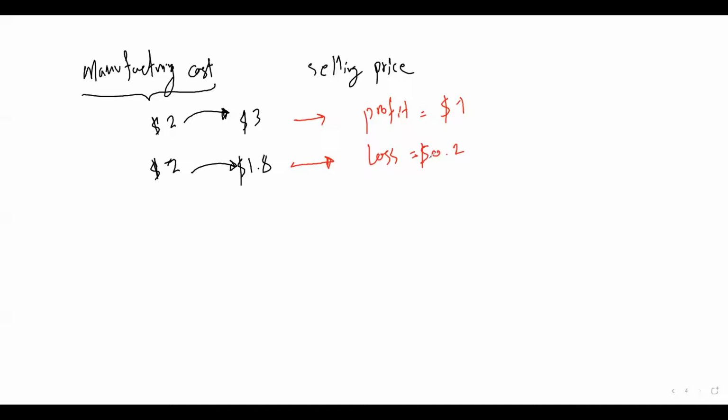Usually we express profit and loss as a percentage. If they ask you the amount, it's very simple. However, if they ask you as a percentage, you need to divide your profit or loss by the cost price, and then multiply it by 100 at the end.